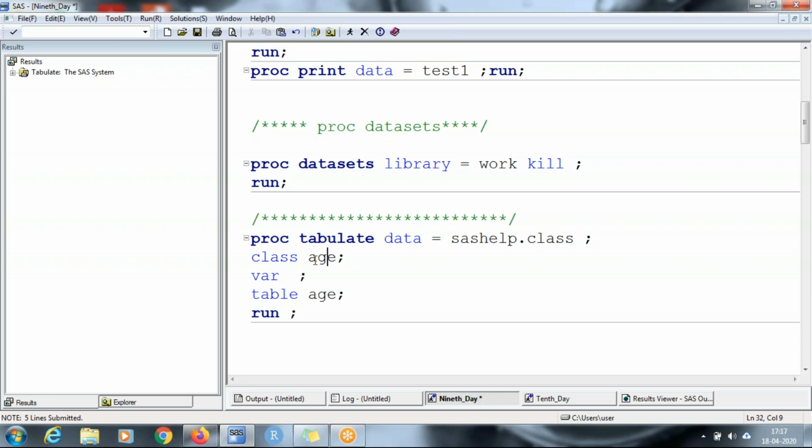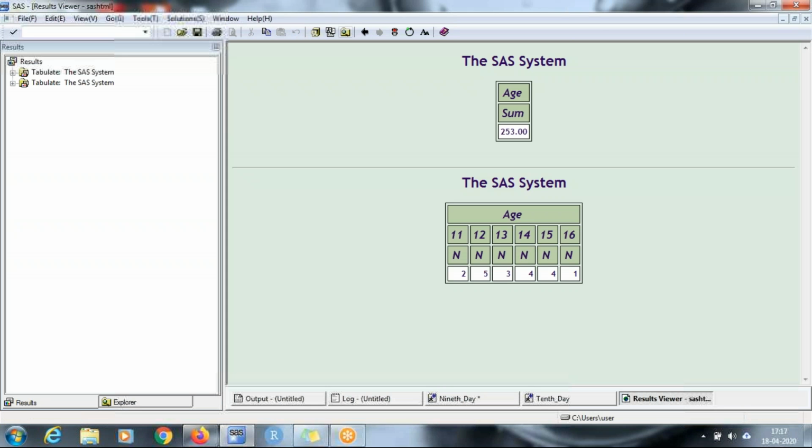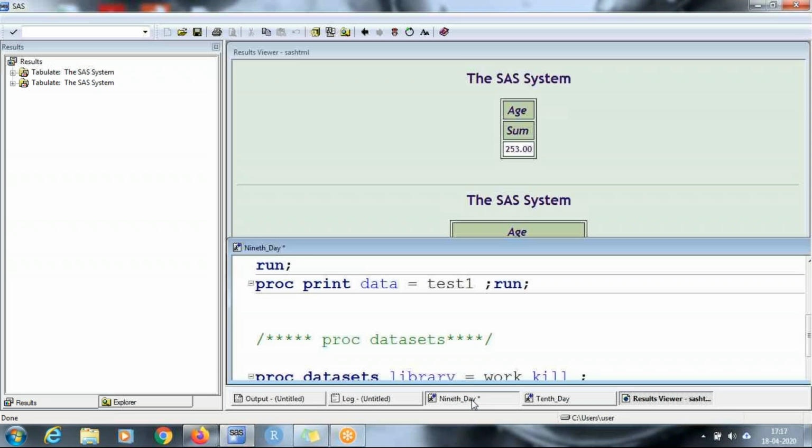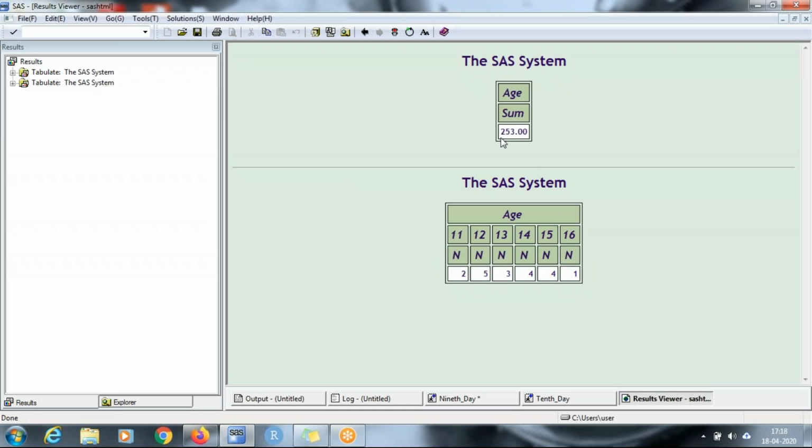Right. So now we have written this in class. Let's see how we got the output. So this is what I mean to say. When I used the age variable in the var statement, it was giving me one analysis, which is the summarization of this data, the sum.